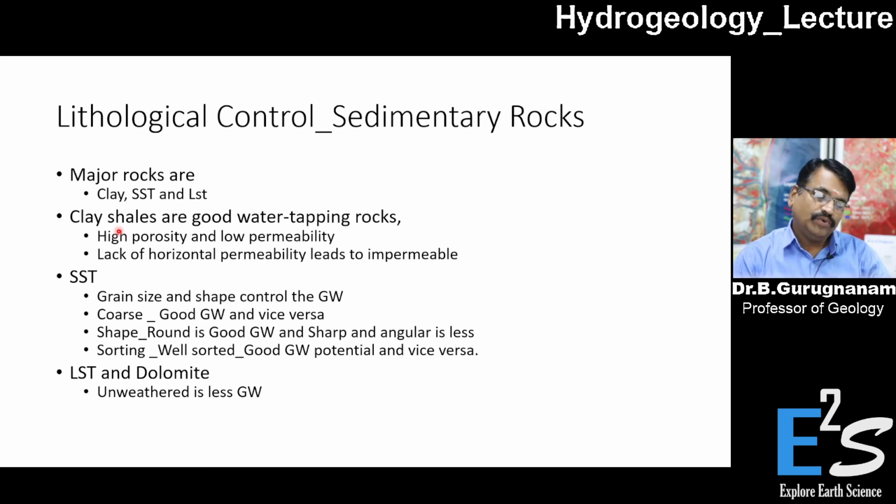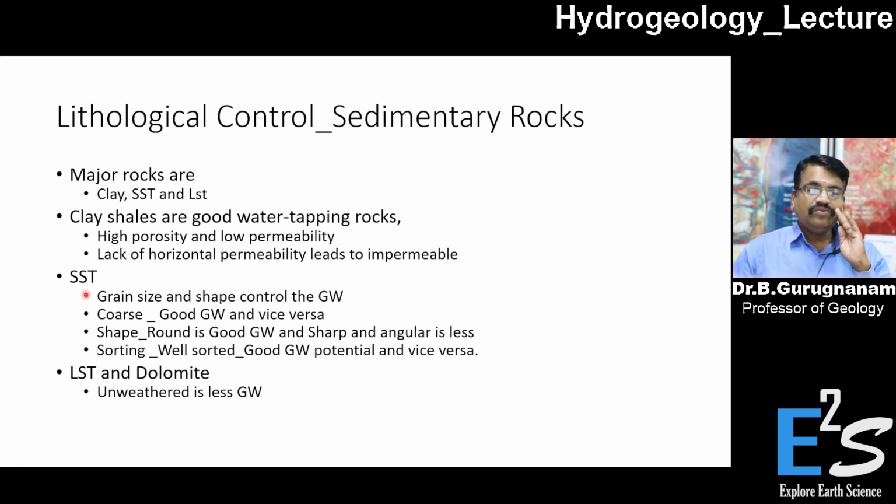Once you pass the water, the agricultural ground should have the capacity to hold water for at least 3-4 days while the plant grows. That's why clay and shales are good groundwater tapping rocks. Lack of horizontal permeability in these rocks is the major reason for holding the water for some time, and it does not allow the water to move either in parallel or in the subsurface.